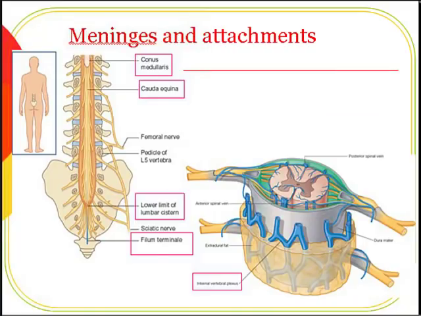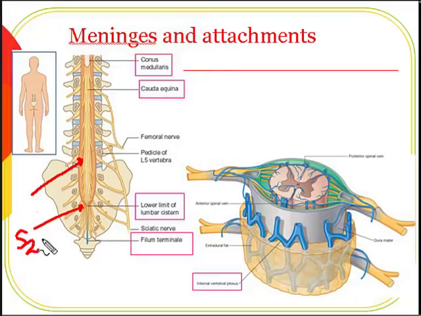This spinal cord lies in the vertebral canal, and as you can see here in this image, it is suspended in the subarachnoid space. If you remember from the introductory lecture, the dura mater comes down all the way to the lower border of the S2 vertebra, which is here. That's where the dural sheath ends.